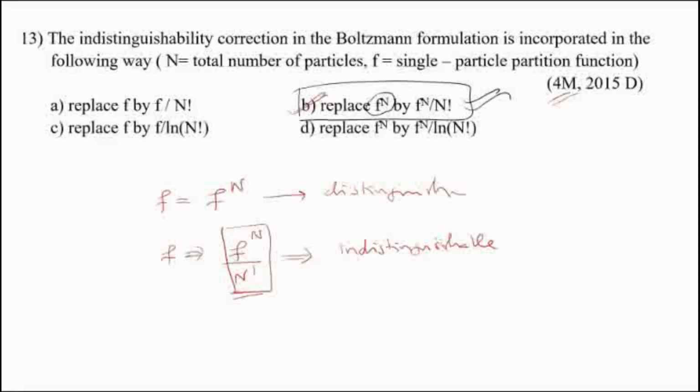This is how the indistinguishability correction has to be done. Because what Boltzmann assumed is that even for gases he used the distinguishable formulas to calculate. Later, for the indistinguishability correction, q is given as q^N/N!. So this is called the indistinguishability correction in the Boltzmann formalism. Okay, students, are you able to understand this?